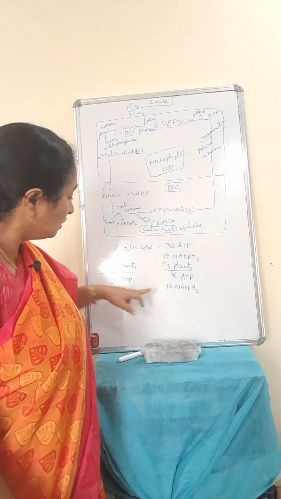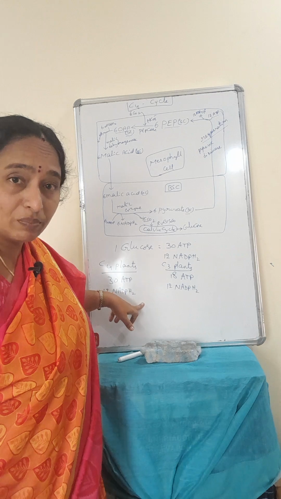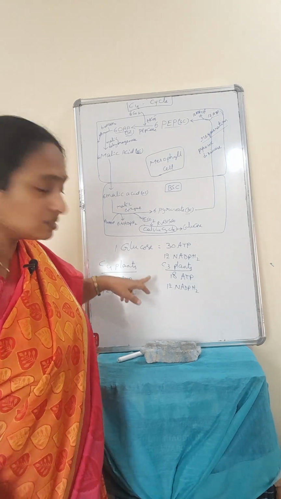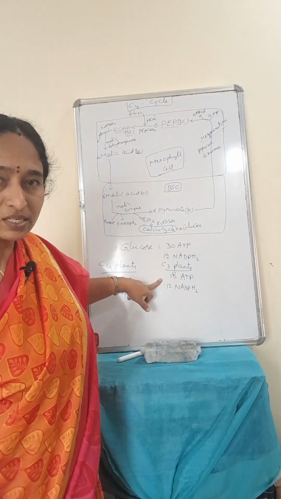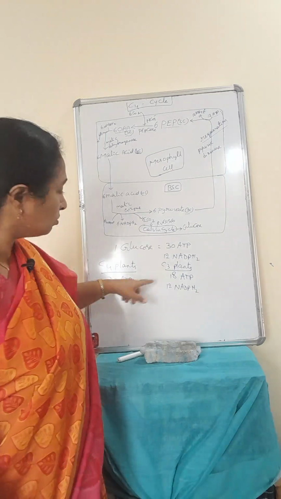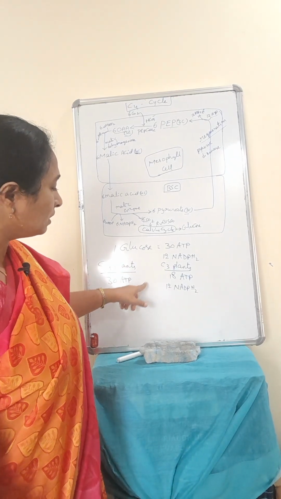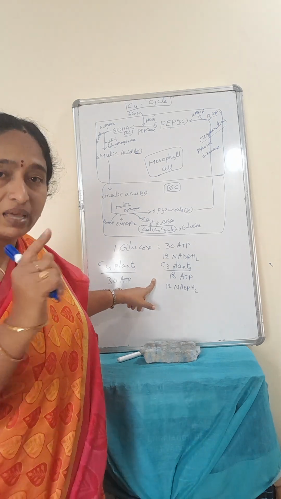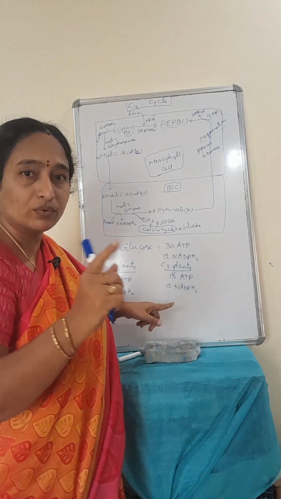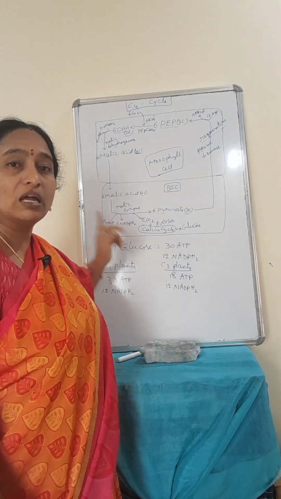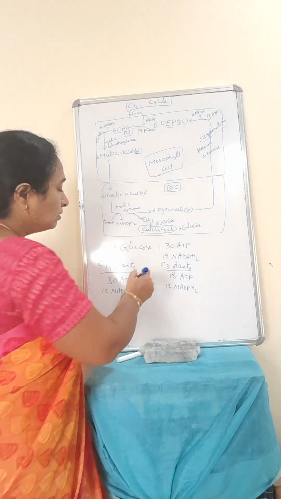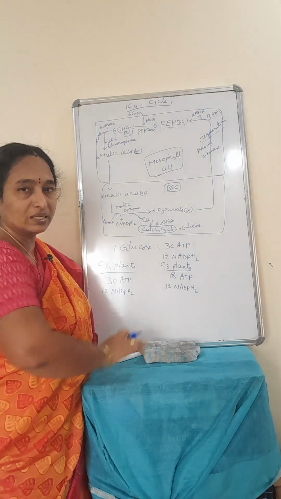So there is no change in NADPH2 utilization, but there is a change in ATP utilization. That means 12 extra ATP molecules are utilized by the C4 plant for one glucose molecule. Clear? Then how does it take place, we'll see.